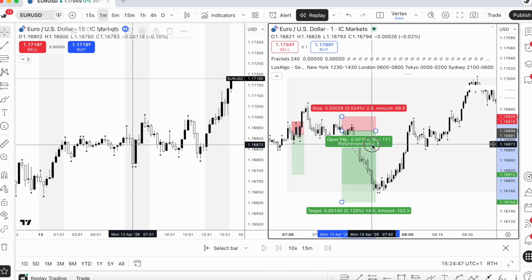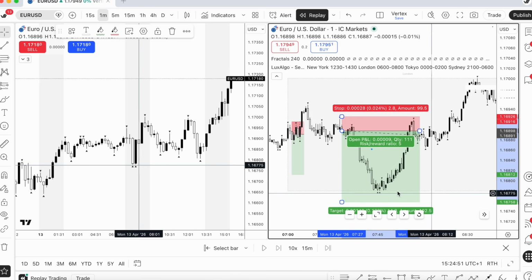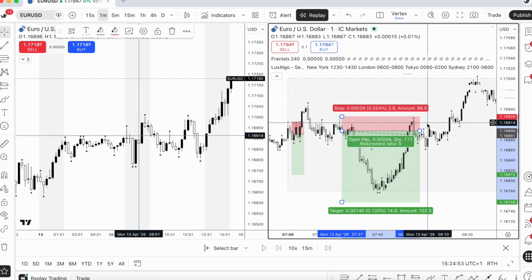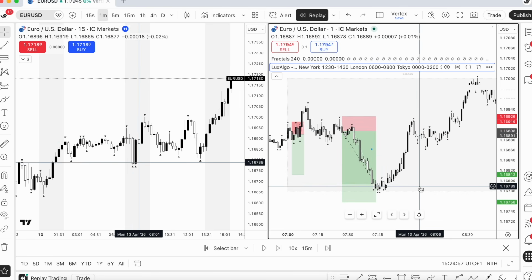There we go. And then what happens is price hit our profit lock target, and then we got taken out at profit on this trade. So we actually got taken out somewhere about here. Okay, let's move on to the next trade.